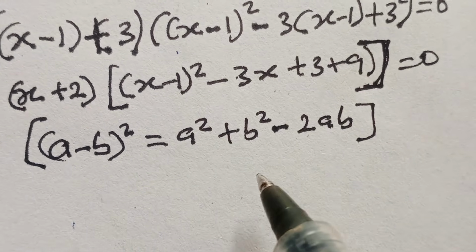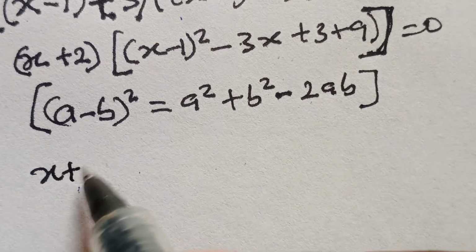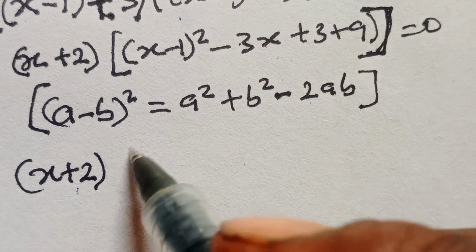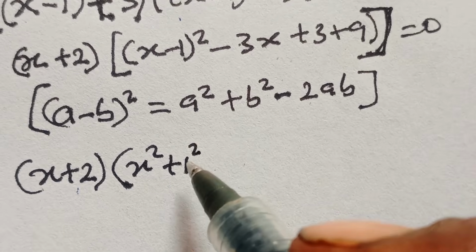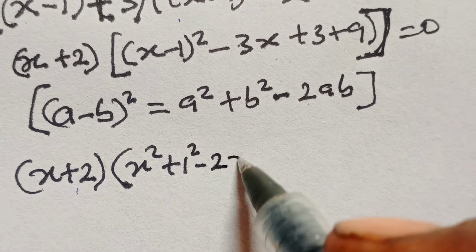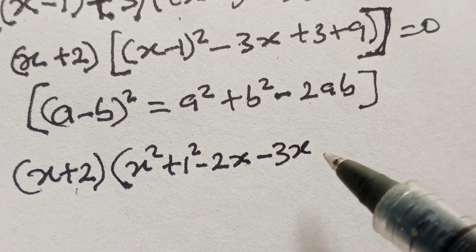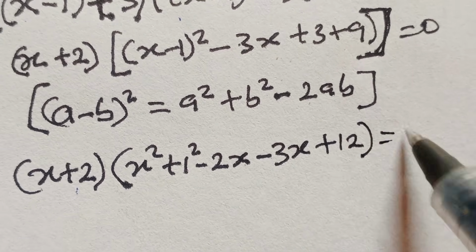So when I apply this to the above, I'll now be having (x plus 2) into (x squared plus 1 squared minus 2x minus 3x plus 12), everything now equal to 0.